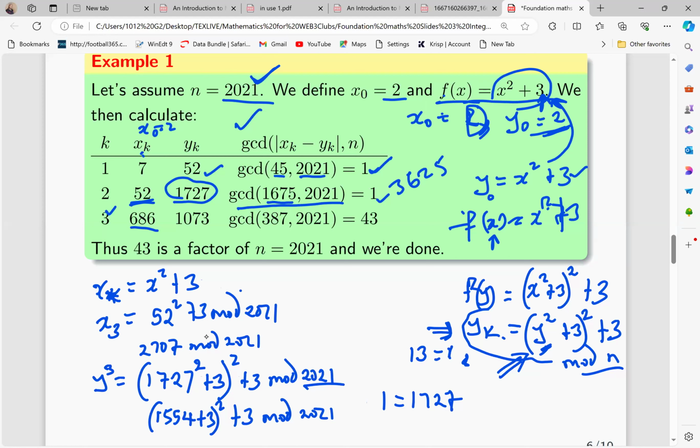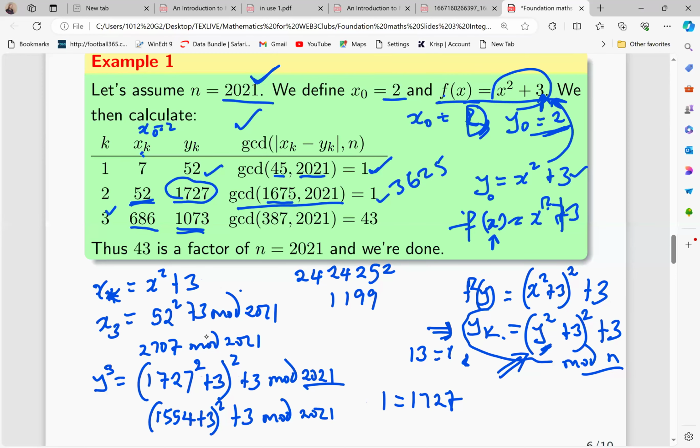When I add 3 to that result, I get 2,424,252. Divided by 2021, which goes there 1,199 times. What is the remainder? The remainder is 1073.